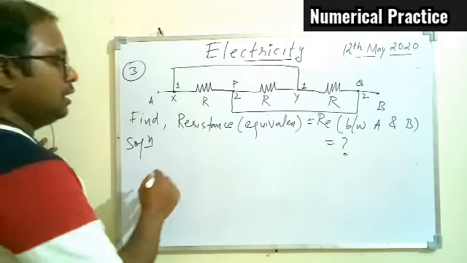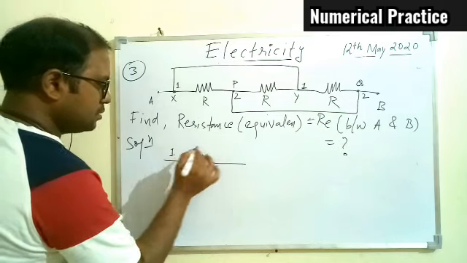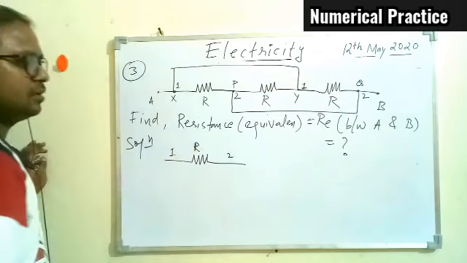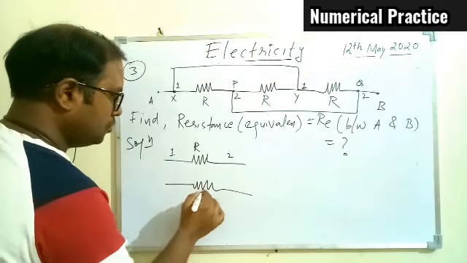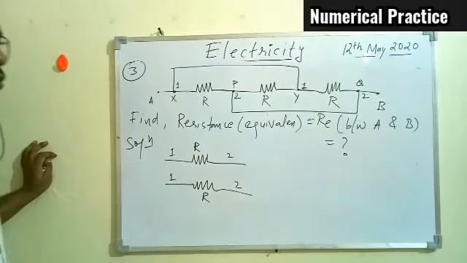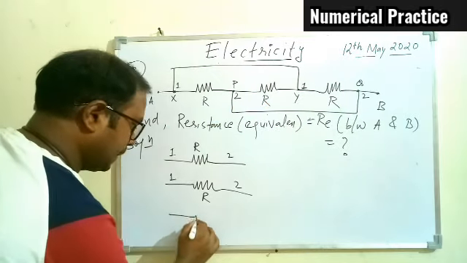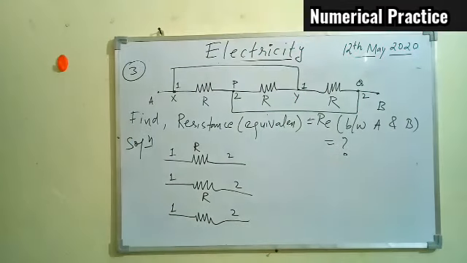So you understood, the first resistor R has potential 1 and 2. For the second resistor R also, we have one terminal at 1, another terminal at 2, and for the third also, one at 1 and the second at 2.